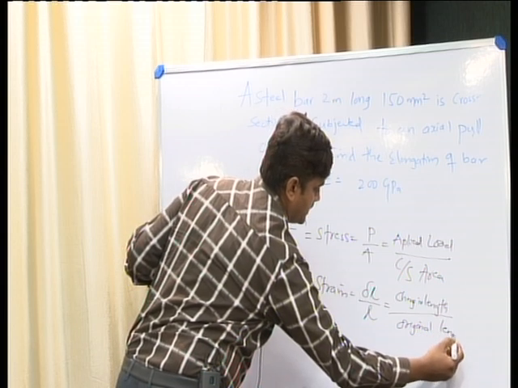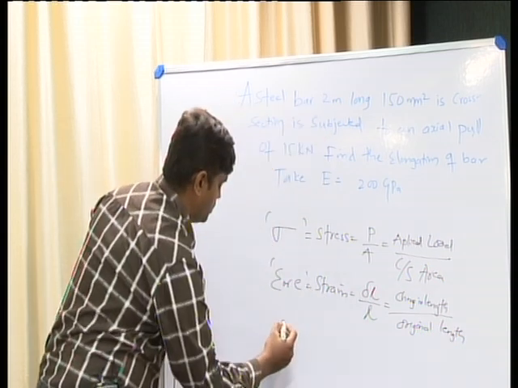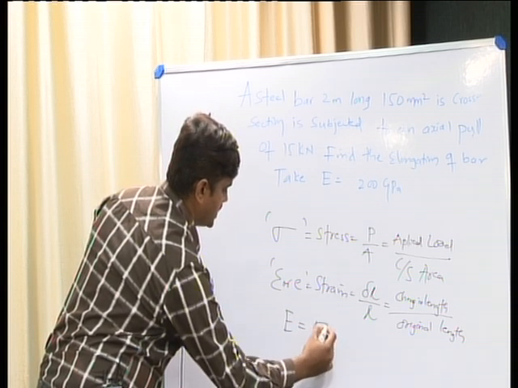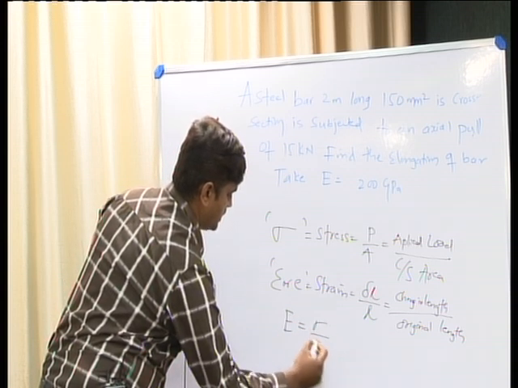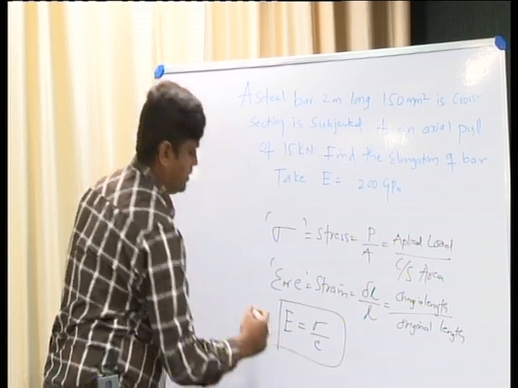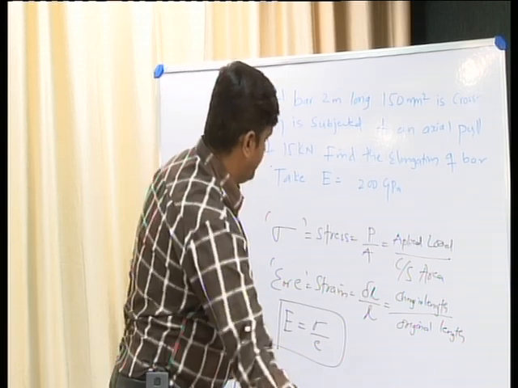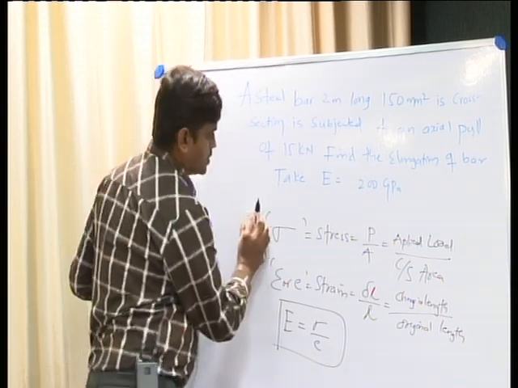So what is Hooke's law or Young's modulus? Capital E is equal to stress by strain. This you have to remember while solving the mathematical problems and errors also.